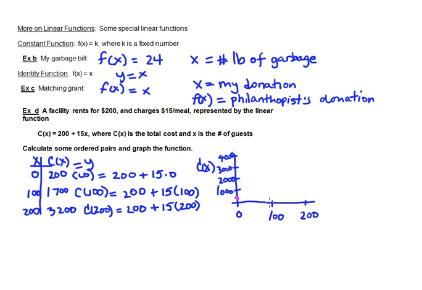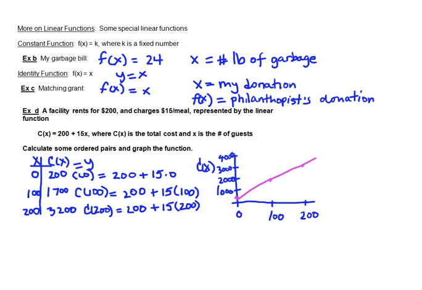And then I have the point when x is 100, y, or c of x, is 1700, so that'll be just a little below 2000. And when x is 200, c of x is 3200, so just over 3000. And you can see then that we can draw a line between these points.